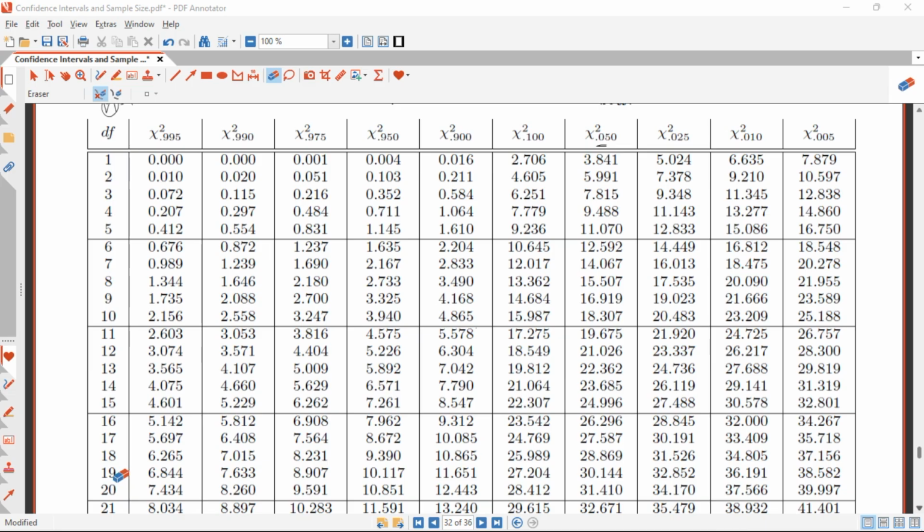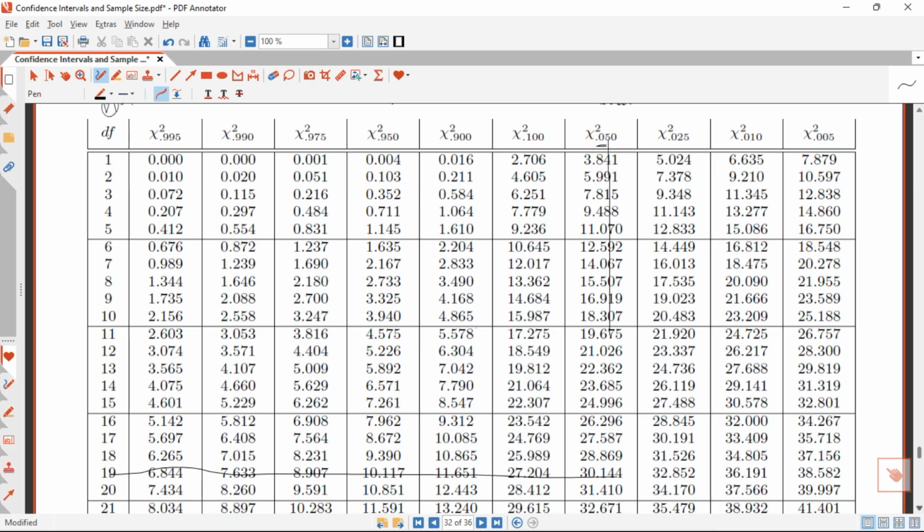Here we locate our 19, and then chi-square subscript 0.05, which you locate here. You just trace where the 19 and the 0.05 meet. You trace from 19, and this is where it meets the column of 0.05.